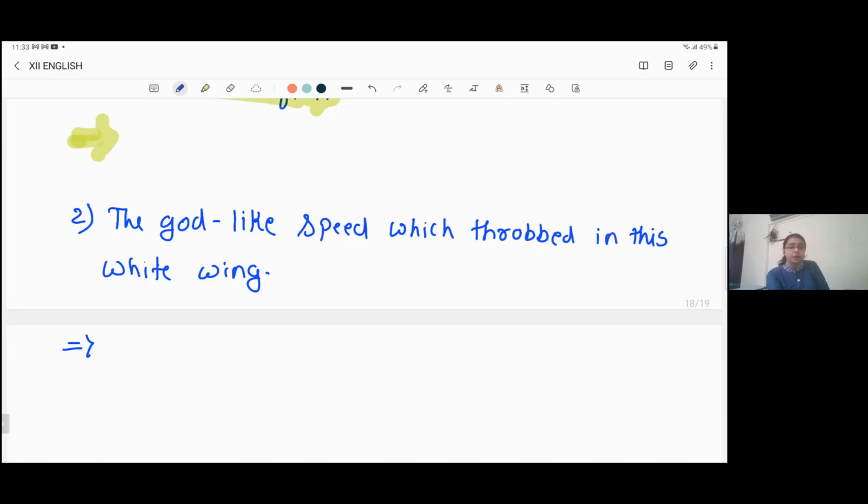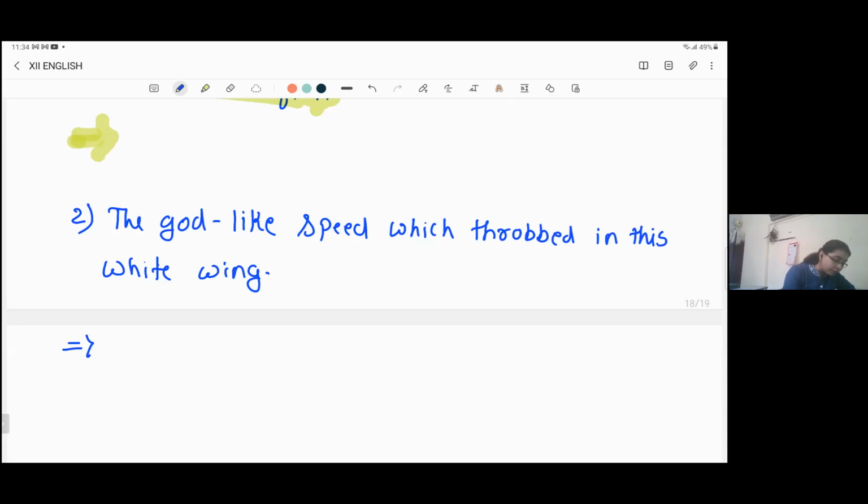To the bird. अभी इसका उल्टा करते हैं guys. अभी ये sentence में कुछ नहीं है, इसको हम just twist it, that the bird, what you will write?